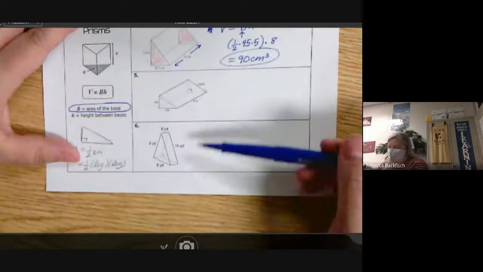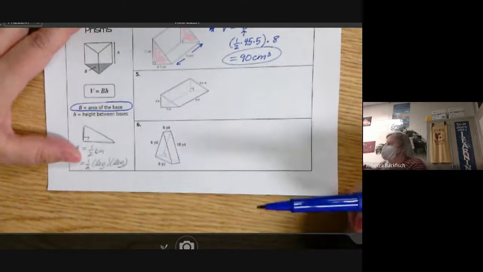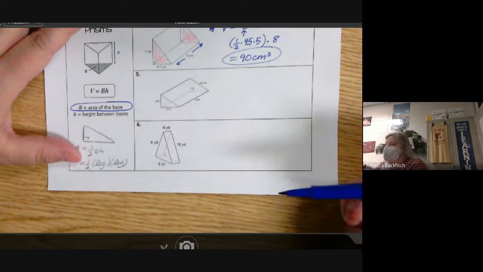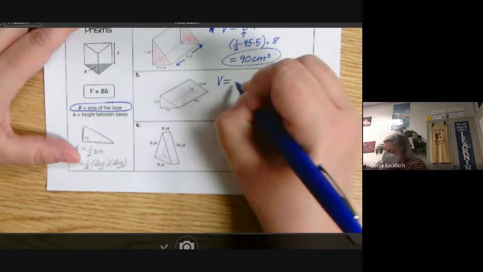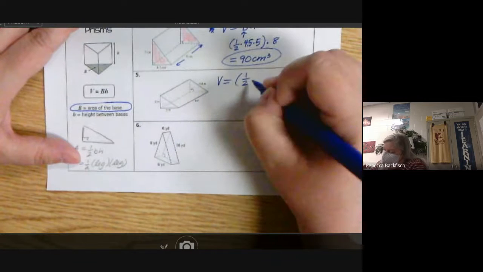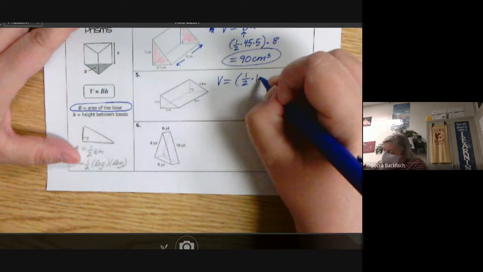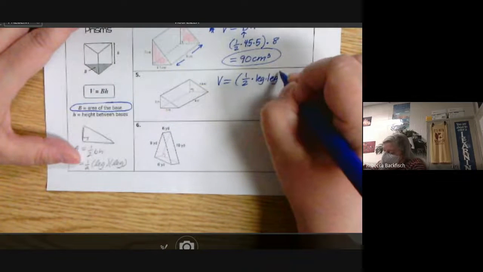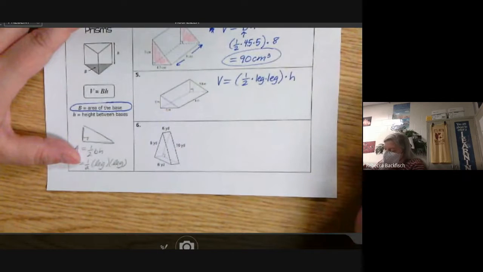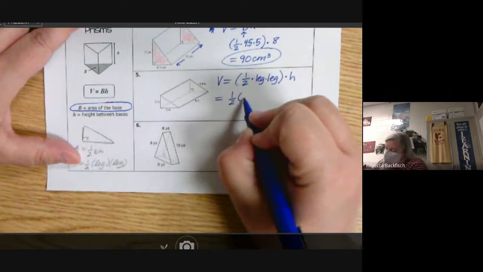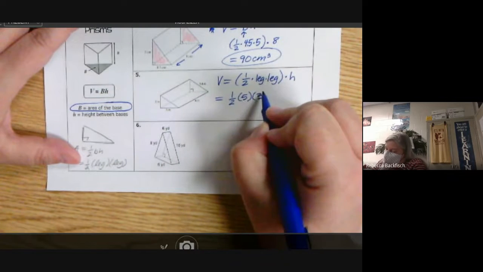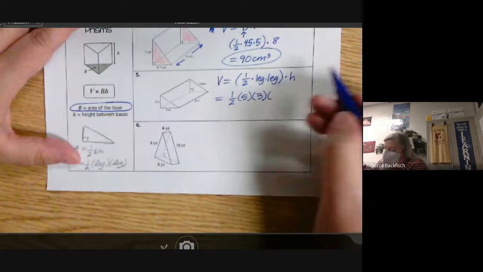Okay, these are also both right triangles. So for their area, we're going to do 1/2 base times height. So my volume is 1/2, and the base and the height are the legs of that right triangle. So I'm just going to do 1/2 leg times leg times the height of the whole prism. So that's 1/2 times 5 times 3 times, and again, the whole height of the prism is 8.